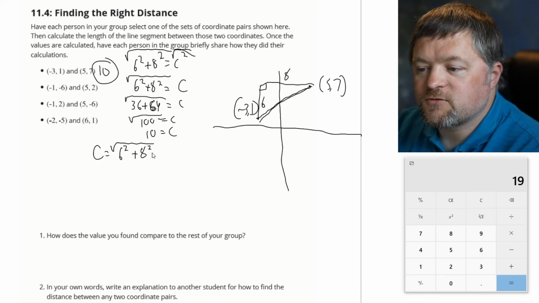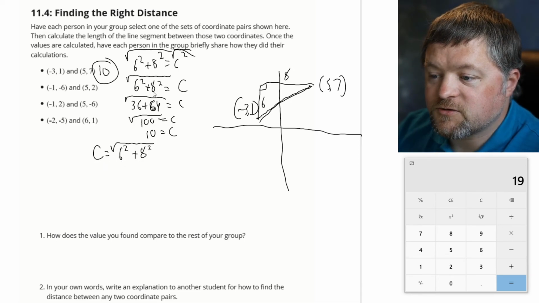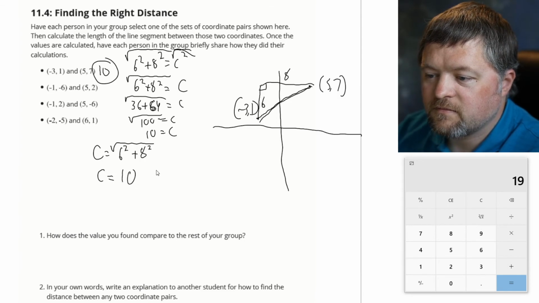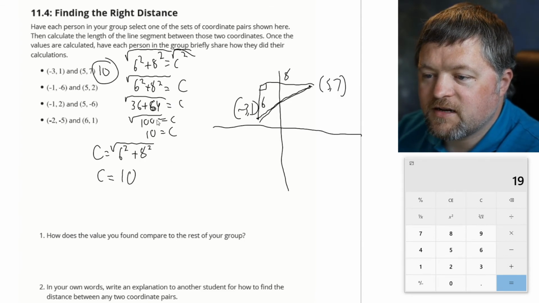C equals 6 squared plus 8 squared. That looks pretty familiar. We already did that work in the middle.